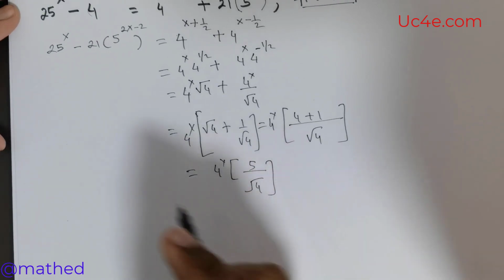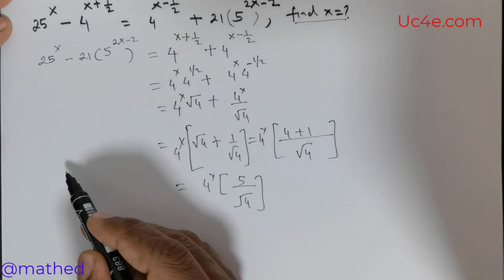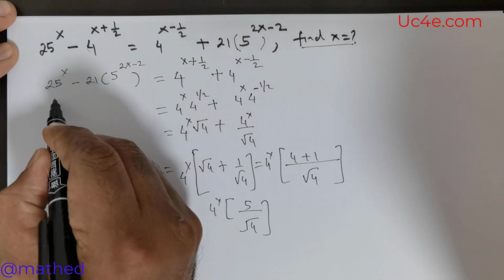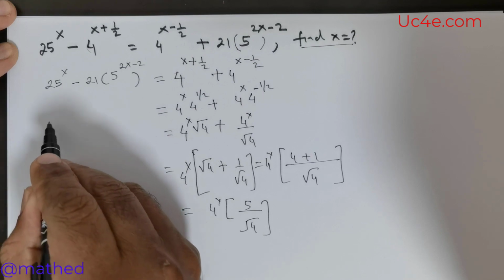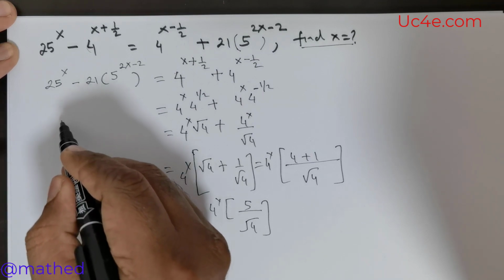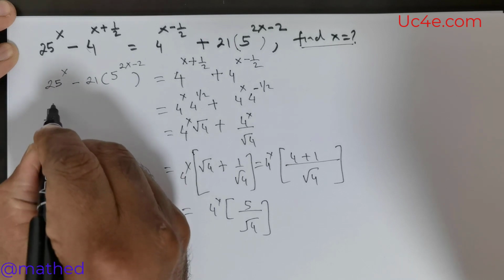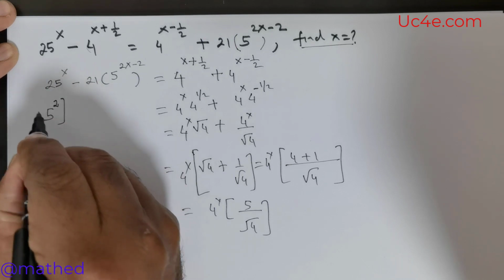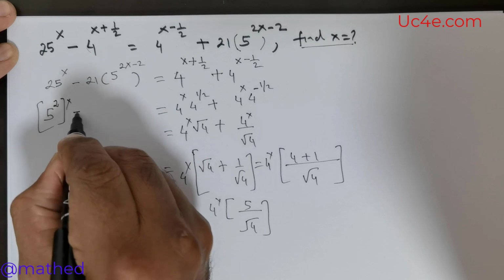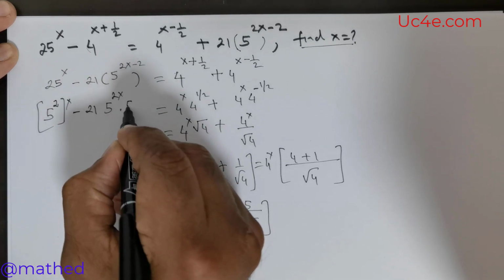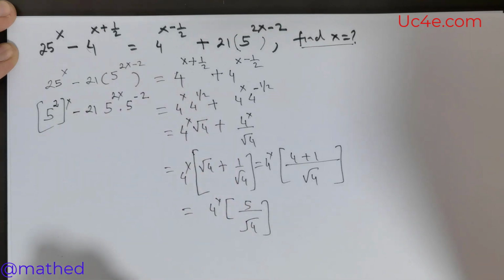Now on the left hand side, let me show you what we got. I've got 25 raised to the power of x, and this can actually be written as 5 raised to the power of 2 raised to the power of x, minus 21 times 5 raised to the power of 2x times 5 raised to the power of negative 2.